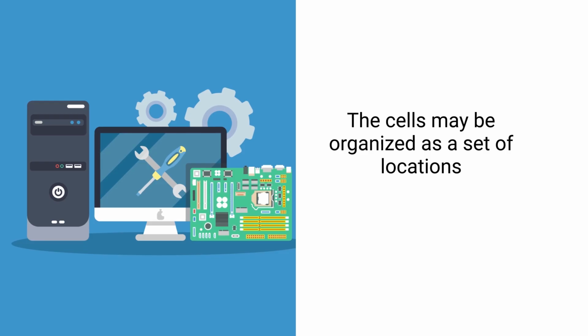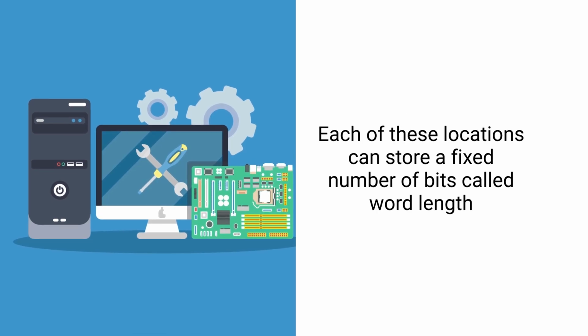That means to store a large amount of data, we need to arrange a large number of cells together. So in the memory unit, these cells are organized as a set of locations, where each location can store a fixed number of bits, and that is what we generally call the word length.